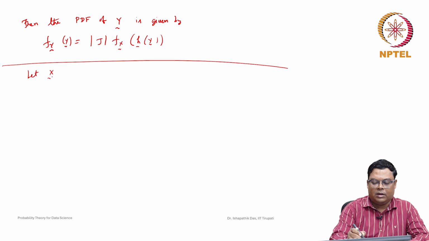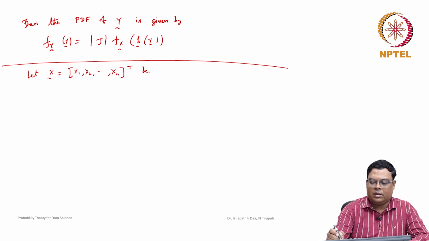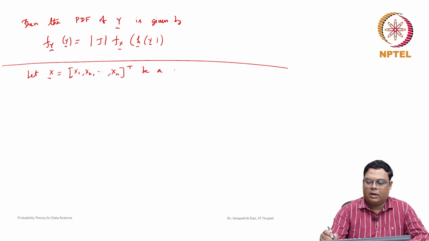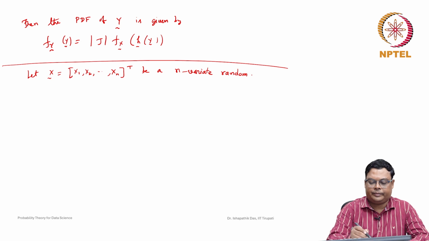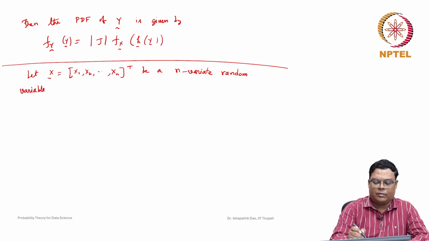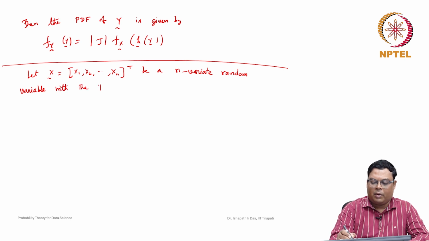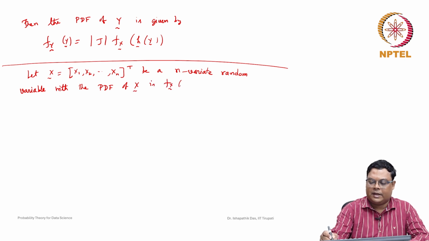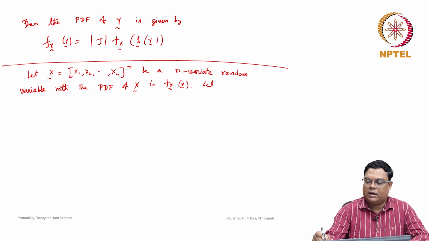Let X = (X1, X2, ..., Xn) be an n-variate random variable with the probability density function of X being f_X.